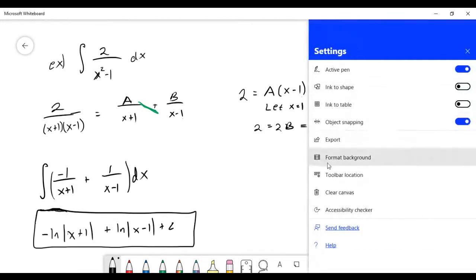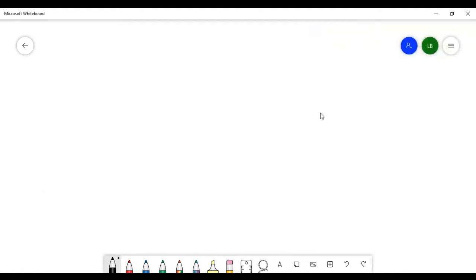Okay, and if we've got time at the end, we'll probably do a few more practice integrals, but for now, we're going to move on to section 3 of this review, inverse functions. Okay, and I guess we'll start with the definition of an inverse function.